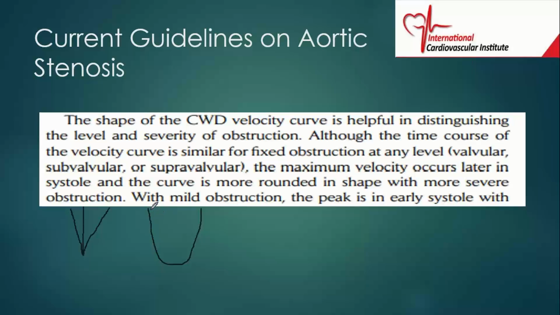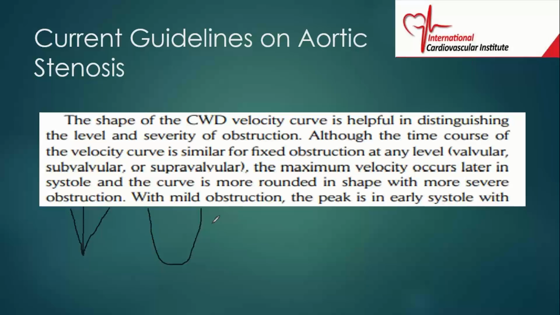So a rounded contour of the curve suggests it takes a long time for the velocity to build up to peak. Whereas if the obstruction is not significant, then you quickly get to the peak.